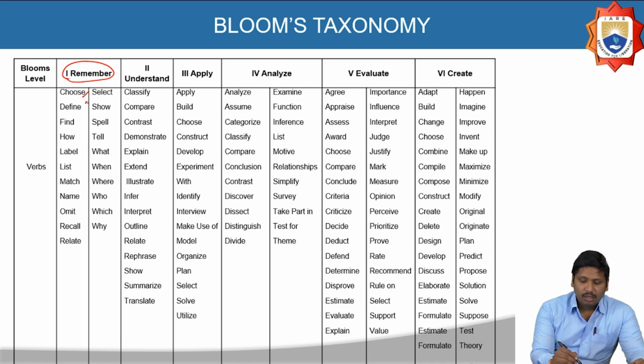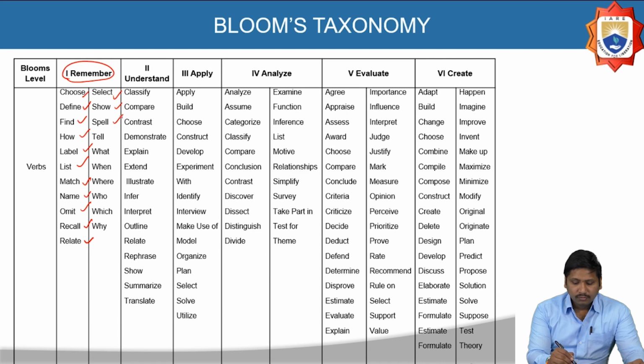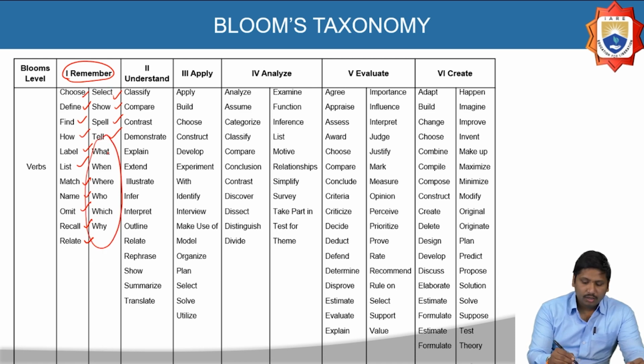Under remembering, the verbs are choose, define, find, how, label, list, match, name, omit, recall, relate, select, show, spell, tell, etc. These are the verbs that come under remember, and the W words are what, when, where, who, which, and why.